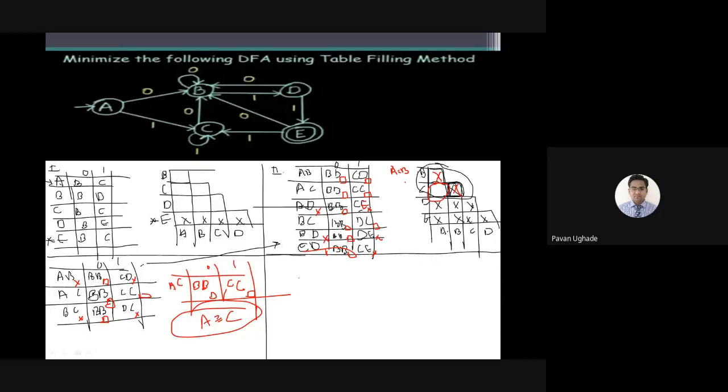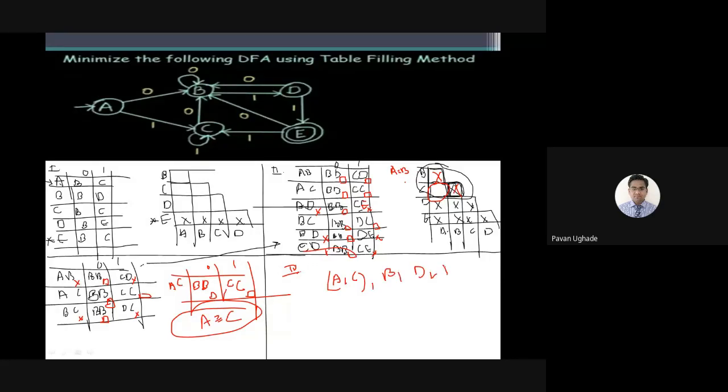As A is equivalent with C, and the step 4 or step 3, whatever it is, I will simply say yes. So how many states do I have? I'll be getting A comma C as one of my states, B is a different state, D another, and F. So AC is an equivalent state.